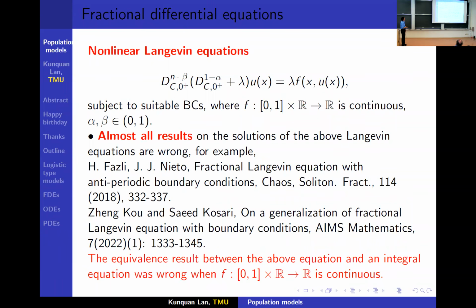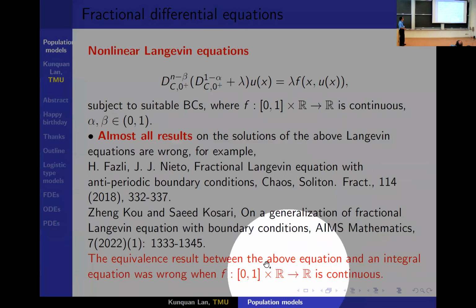So this is a nonlinear Langevin equation. This is from physics, and almost all the results I saw are wrong. Many people work on this equation here, but none of them I saw was correct. Therefore, we are going to redo this.